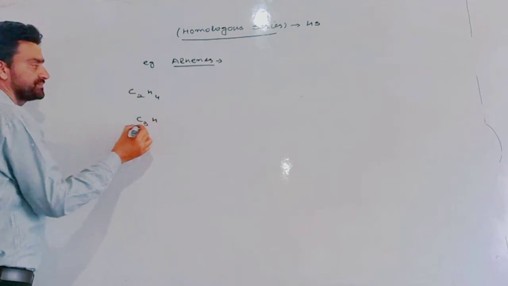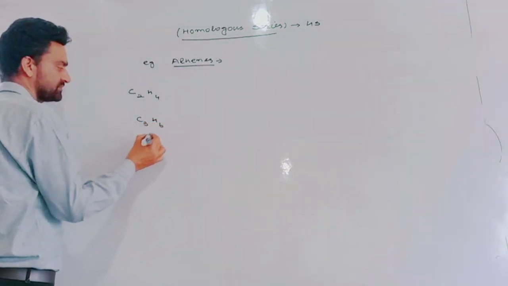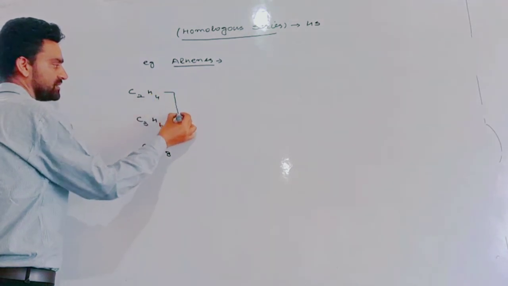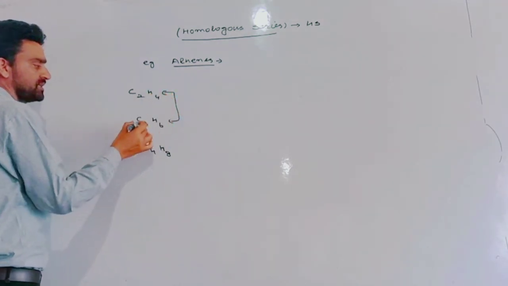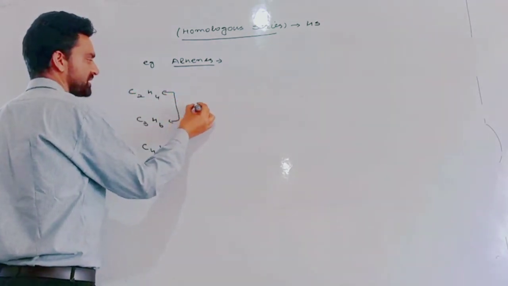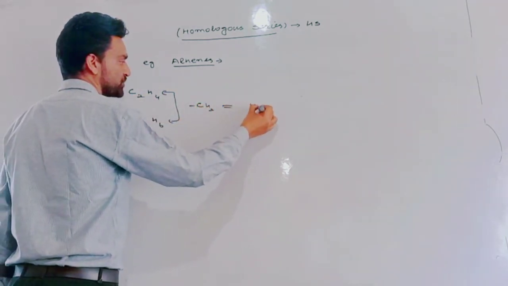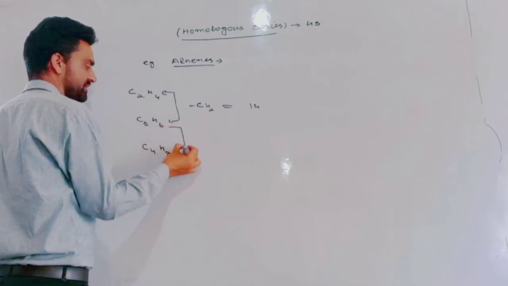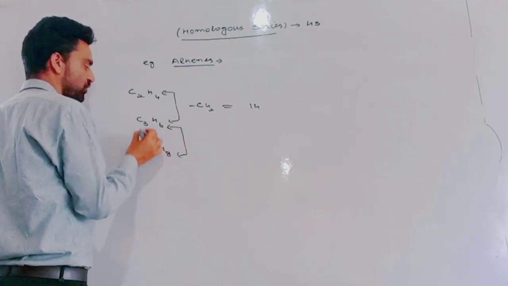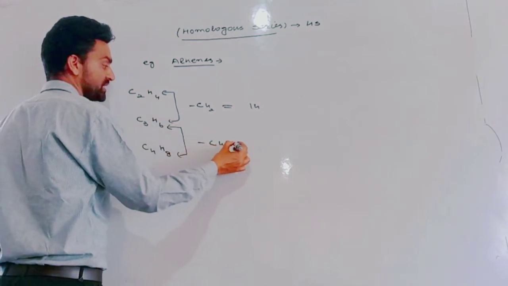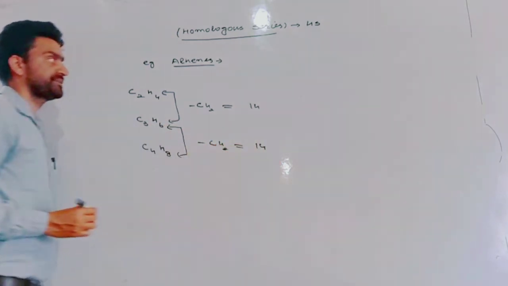C3H6, C4H8. Right? See the difference. 3 minus 2, it is 1 carbon. 6 minus 4, it is 2. CH2 or 14 mass unit. Again, 4 minus 3, it is 1 carbon atom. 8 minus 6, it is 2 hydrogen atoms or 14 mass unit.